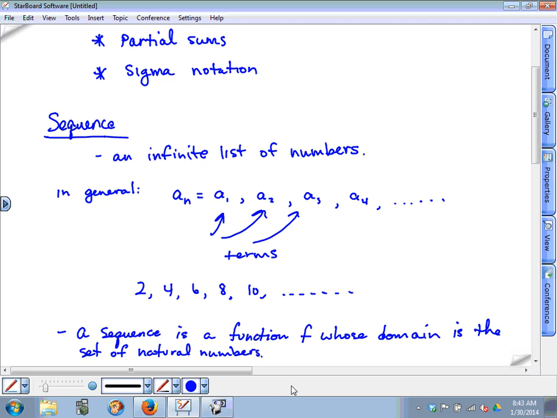Now this isn't the whole definition, but let me just explain what this first sentence means. You guys know what domain is, correct? It's the set of all possible x values or inputs, right? Normally with functions, if the domain is all real numbers, you can plug in anything you want. But this domain is the set of all natural numbers, not the set of real numbers. What's the difference? This is just a little bit of number history here.